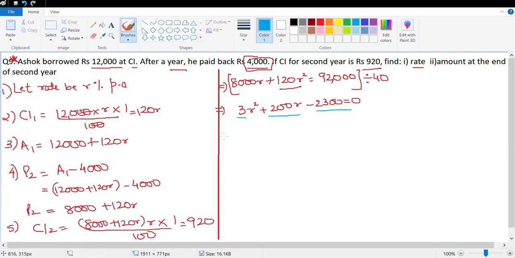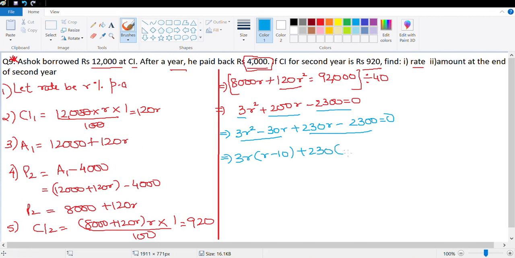So let's split the middle term as 3R square minus 30R plus 230R minus 2,300 equal to 0. Grouping it the way I've underlined, what we get is 3R times (R minus 10) plus 230 times (R minus 10) is equal to 0.